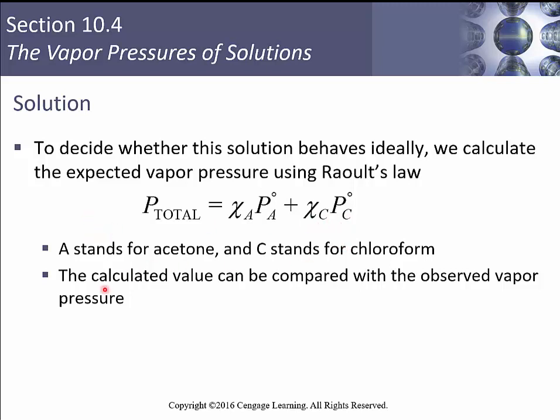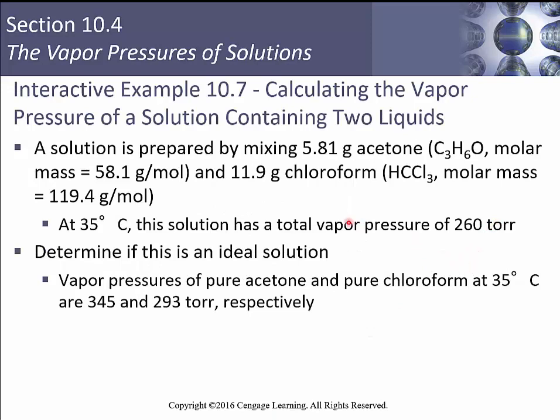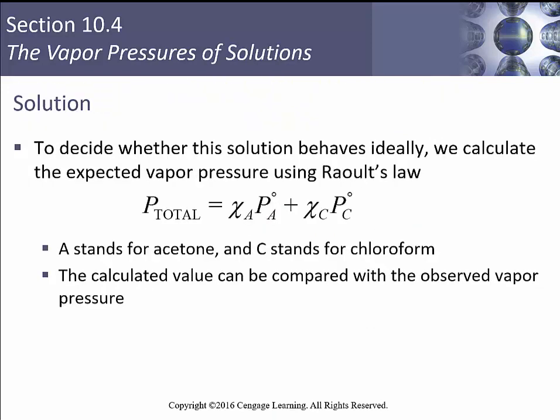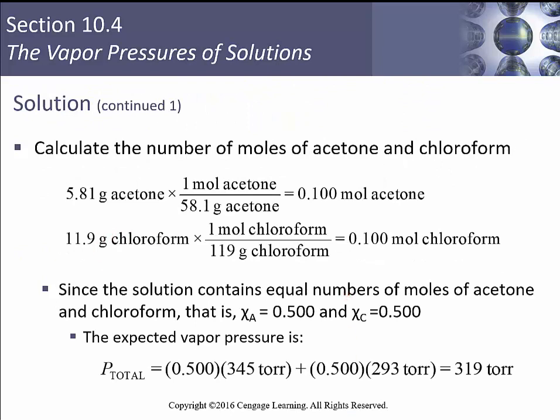The calculated value is going to be compared with the observed vapor pressure, right? So they said beforehand, right, we experimentally measured it to be 260, right? It's going to deviate. So we'll take our grams of acetone, use the molar mass, and we'll get moles of acetone. We'll take our mass of chloroform and its molar mass, and we'll get our moles of chloroform.